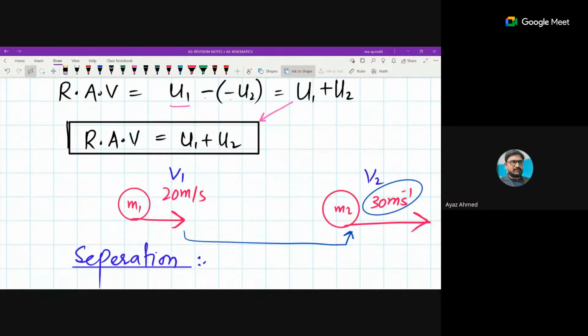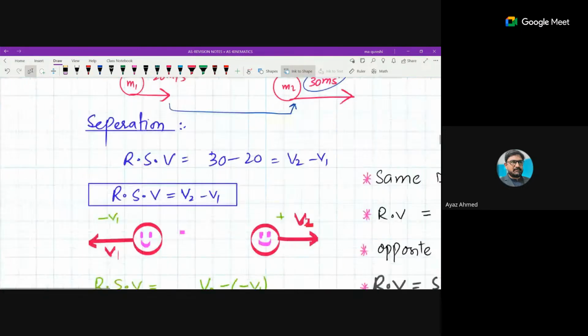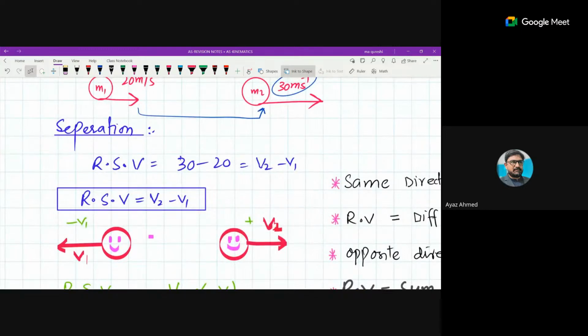Then in case of separation, if the body which is ahead is faster, then it would be a separation case, right? Separation: m2 is separating from m1 by a speed of 10 meters per second. The same case is applied if both bodies are moving in the same direction but separating.